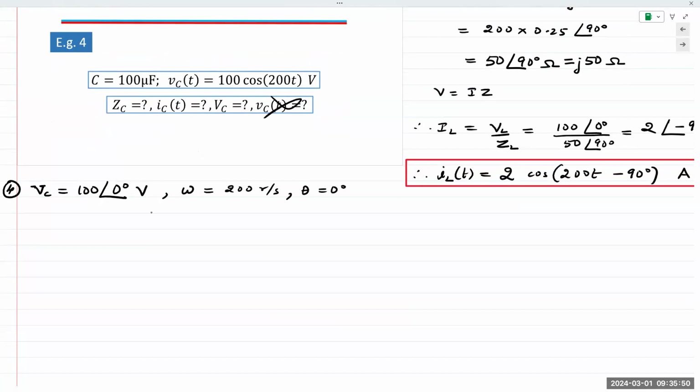Phase angle theta is 0. ZC this time is 1 over omega C with a phase angle of minus 90 degrees, or 1 over j omega C in rectangular coordinates.